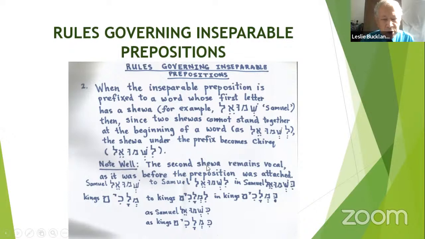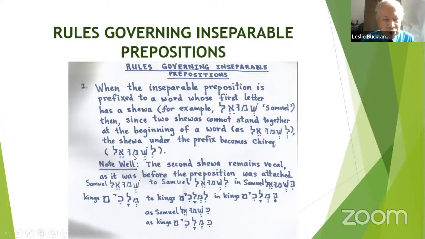Now, I just want you to notice this in case there is any question. The second schwa remains vocal, that is, it is to be pronounced as it was before the preposition was attached.